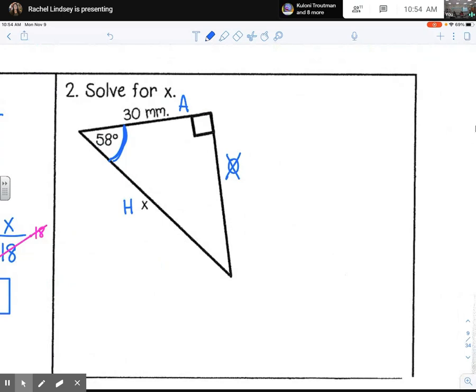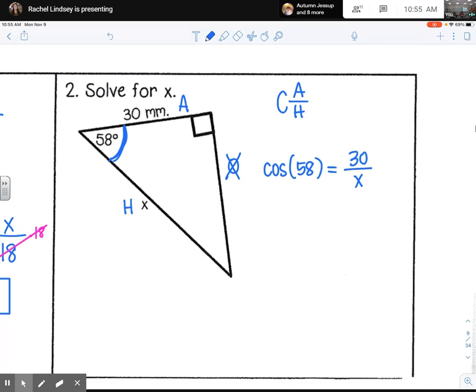So I'm gonna have A and H, so that means I have cos. So I'm gonna have cosine of 58 equals my adjacent 30 over X, which is my hypotenuse.